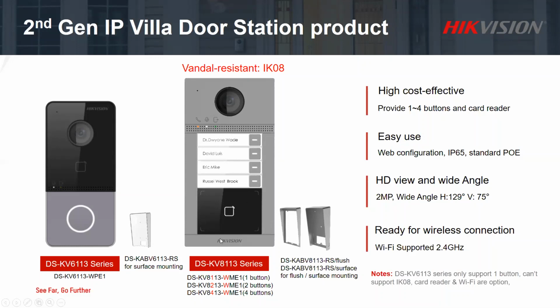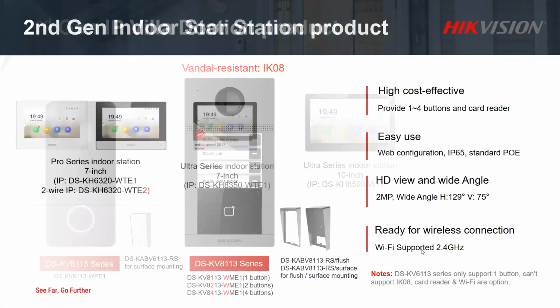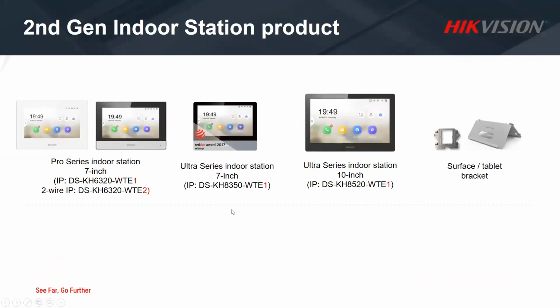There are also 2 different radios to go with it, either surface or flush. All our door stations are IP65, and an IP system, of course, powered by standard PoE. If it is a W, it means it supports Wi-Fi. So that's our Vela door station.